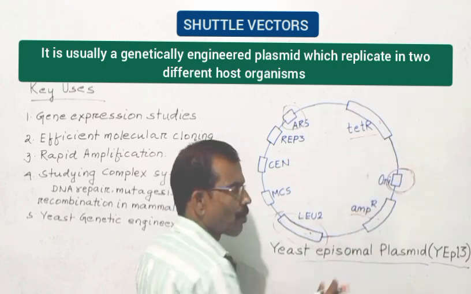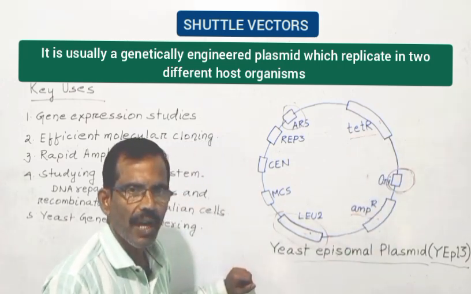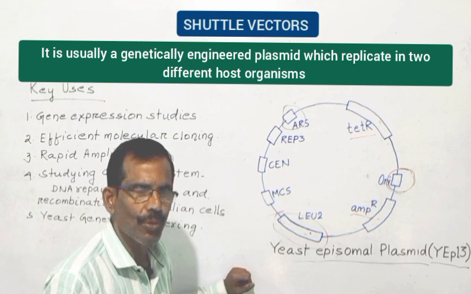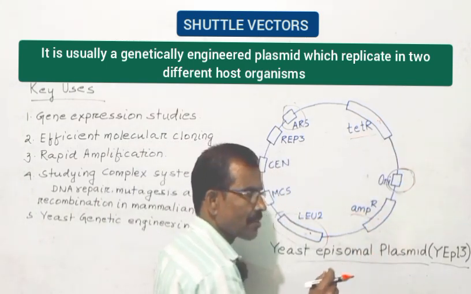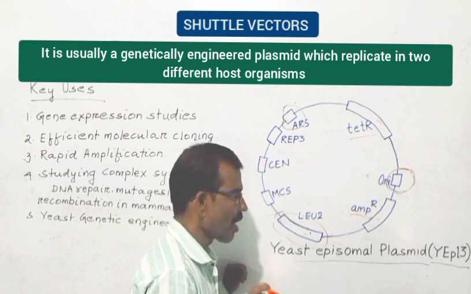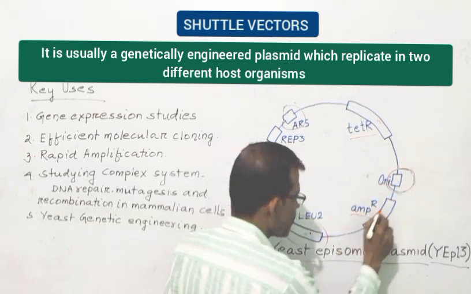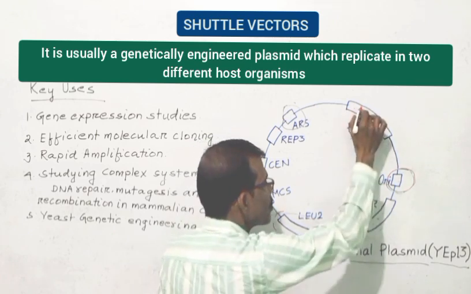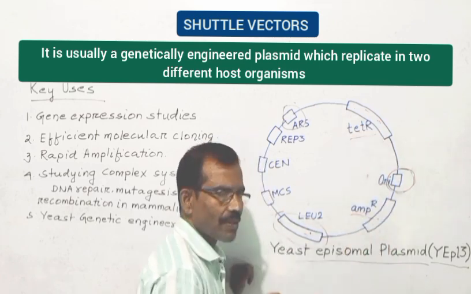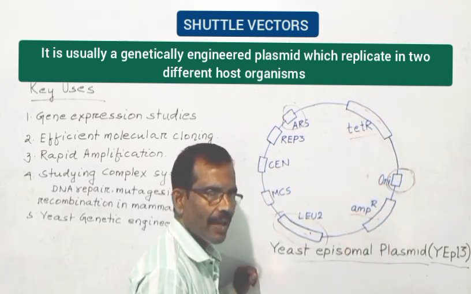The E. coli components, which are all derived from pBR322, include two selectable marker genes that confer resistance to the antibiotics ampicillin and tetracycline. These two markers are used for selection in E. coli.